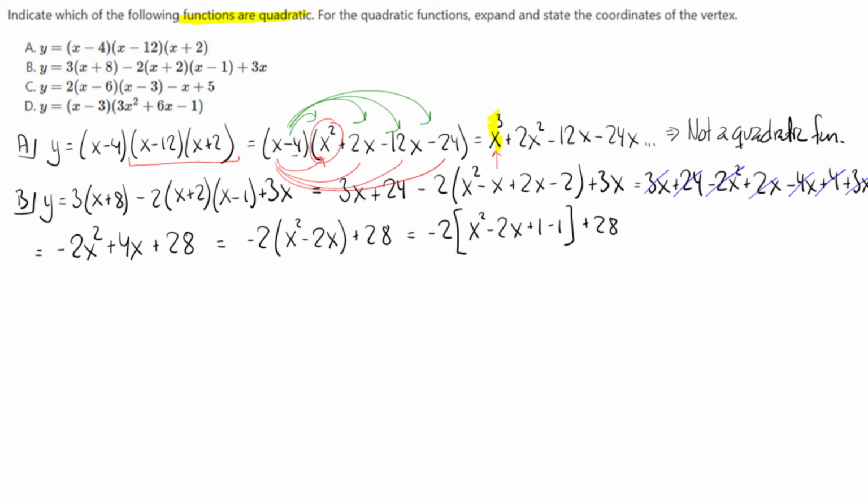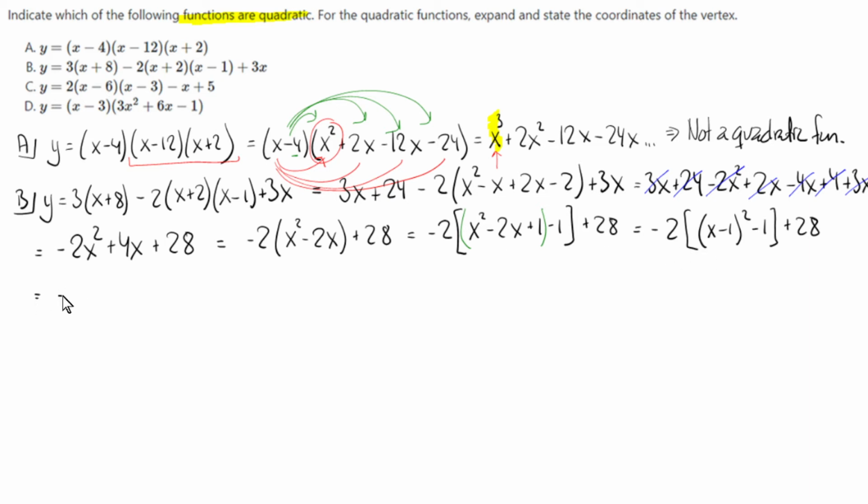Now we have our perfect square trinomial right there. So we can go ahead and factor it. And that's going to give us negative 2 times (x minus 1) squared minus 1, plus 28. So at this point, I'm going to bring the negative 2 back into the bracket.